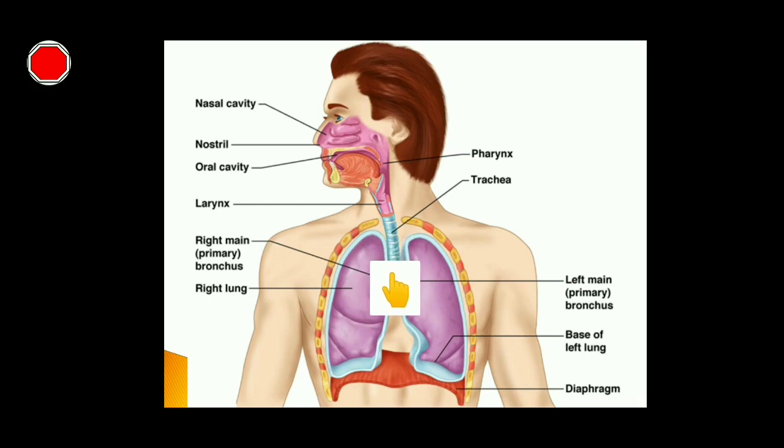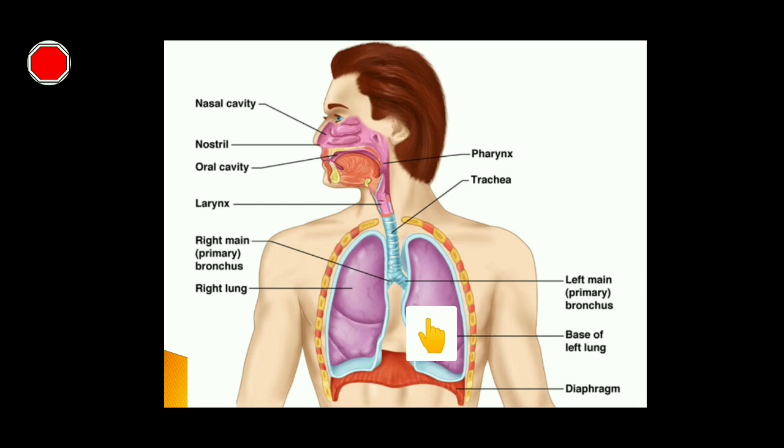The trachea comes downwards. Now see, this is the trachea and it divides into two. As we all know, lungs are the respiratory organ in humans. So this trachea divides into two, and these branches enter into the lungs. And we have two lungs, right lung and left lung.